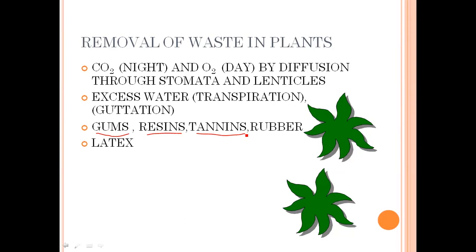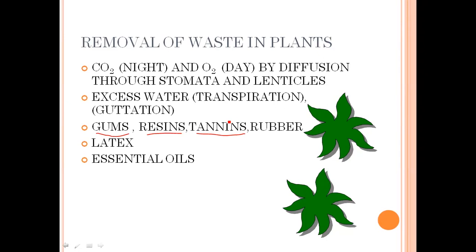So rubber and latex are also types of excretory waste seen in plants. Some plants also produce essential oils, which also act as waste material in plants. These essential oils are waste in plants but may be of commercial importance.